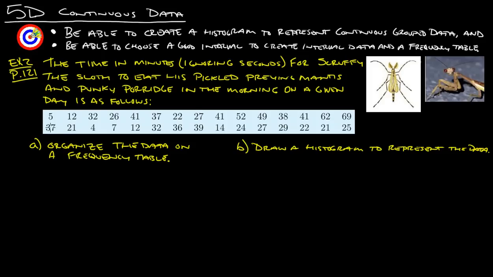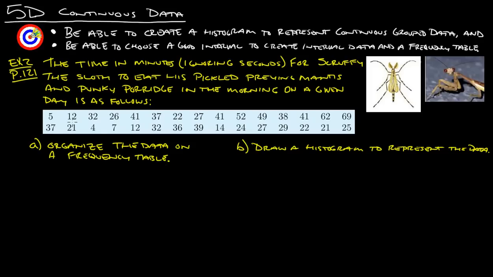So this is how long it takes him in minutes to eat his porridge every morning. Okay? So first thing we're going to do is organize the data on a frequency table, and then we're going to draw a histogram to represent the data. So first let's organize the data on a frequency table.